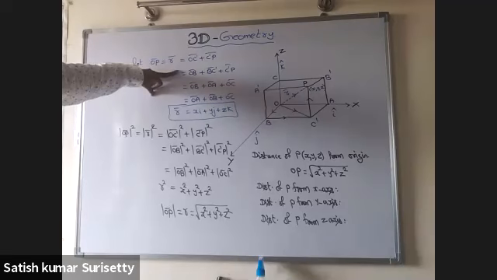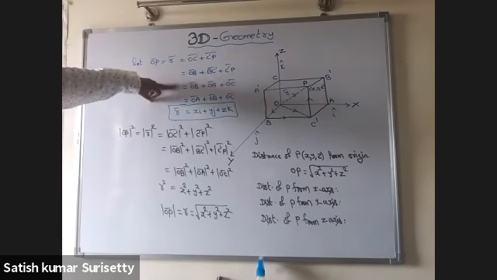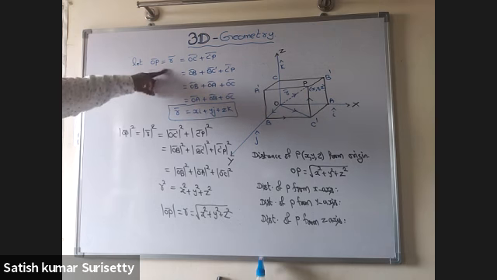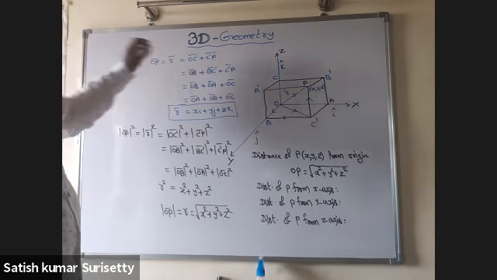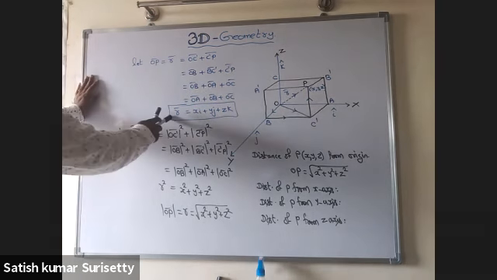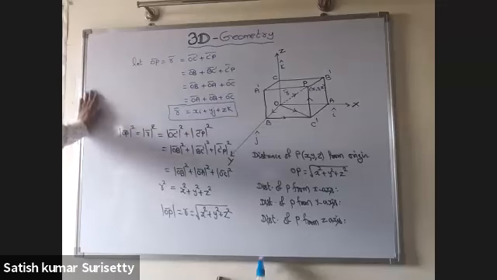OC dash bar is same as OB bar plus BC dash bar, and OB bar plus BC dash bar is same as OA bar, and C dash P bar is same as OC bar. So R bar equal to OA bar plus OB bar plus OC bar, that is, R bar equal to xi plus yj plus zk.